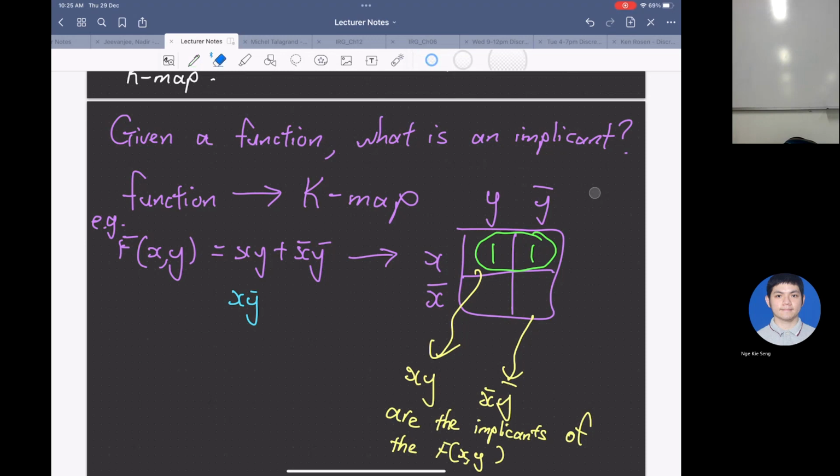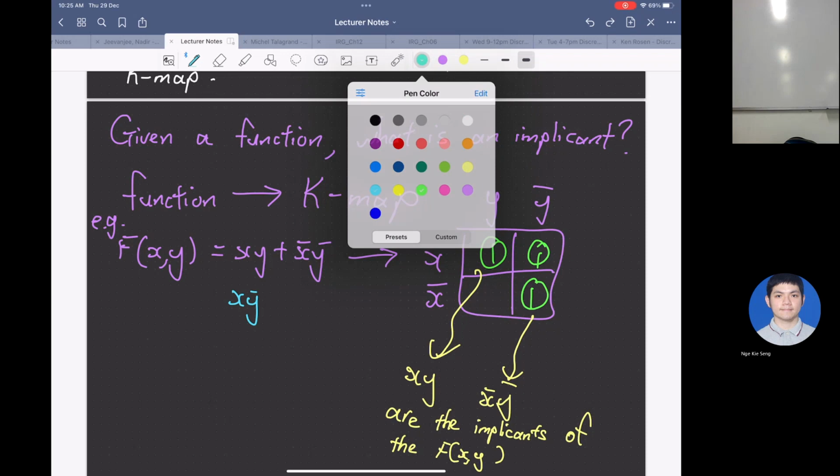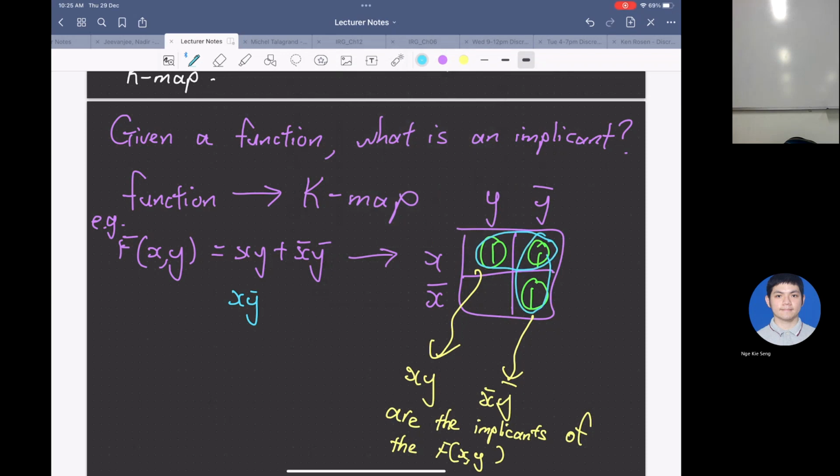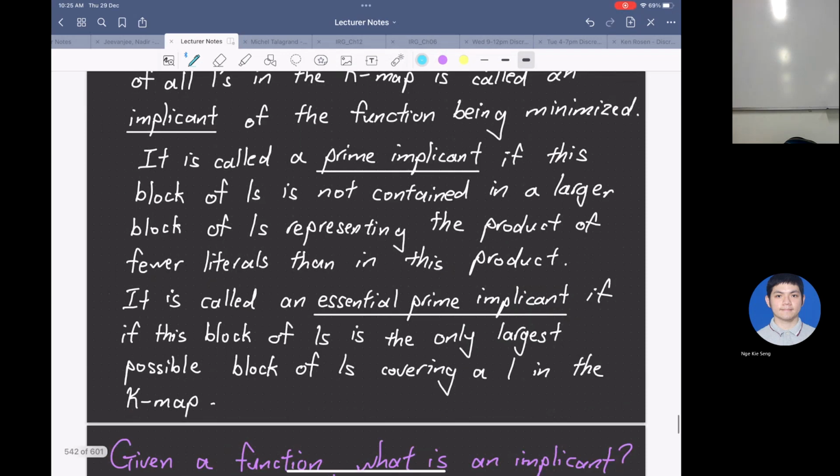Prime. So from just now, among these 5 blocks, which one is prime? Recall the definition: this block of 1 is not contained in a larger block of 1, representing the product of fewer literals than this one.